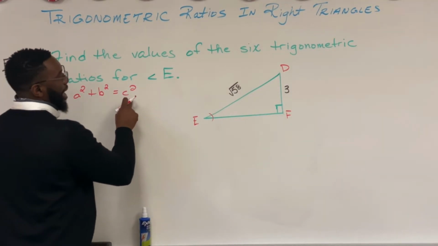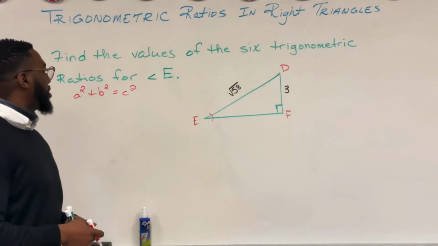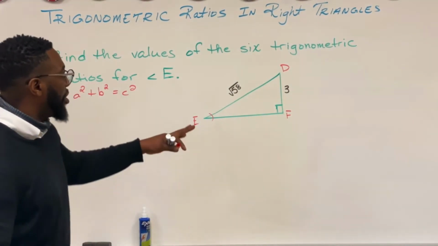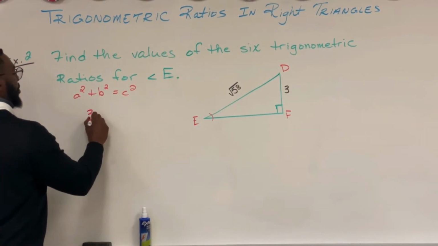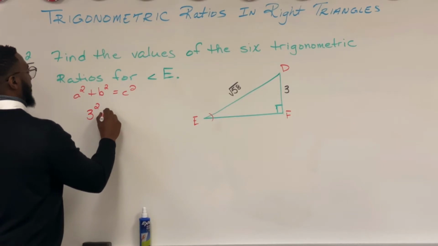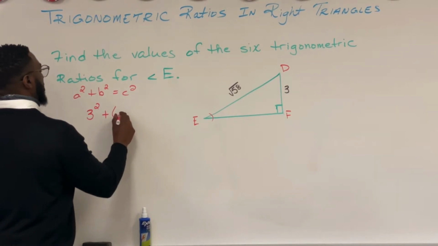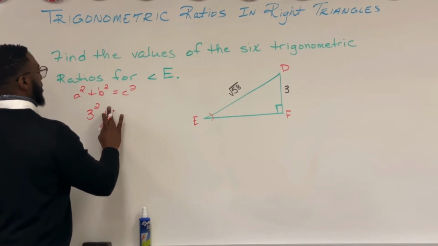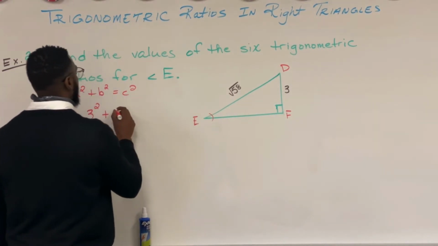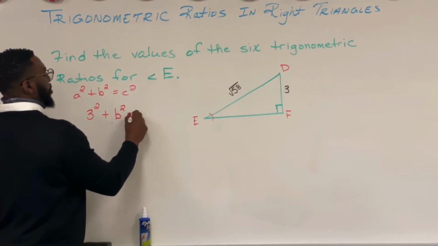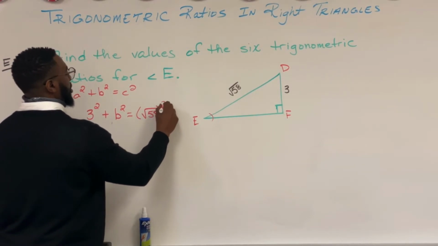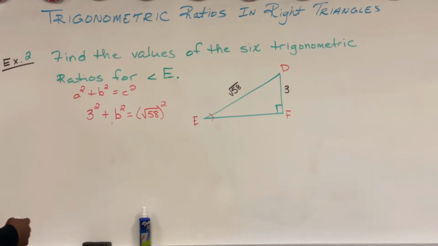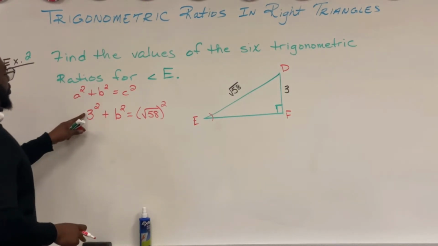This time we have the hypotenuse. The hypotenuse in the Pythagorean theorem is always known as c. So this time we're going to say 3 squared plus, we're missing the side, so we're just going to say b squared equals the square root of 58 squared. 3 squared is 9.